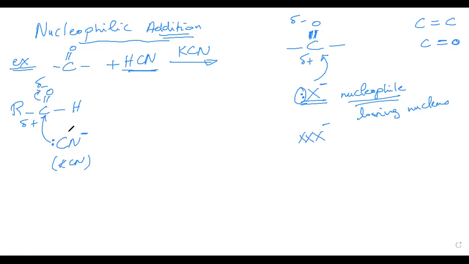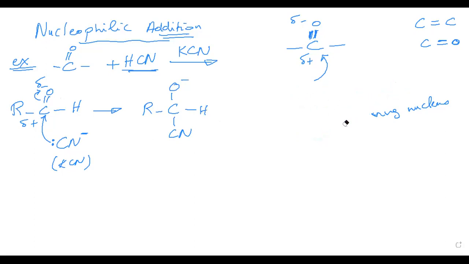As I told you before, whenever a bond is formed, another bond should be broken. So here it will form the RCO negative. Now the oxygen becomes negatively charged, and the cyanide group is going to bond to the carbon, and here we have the H, and this is the intermediate that is formed at the beginning.